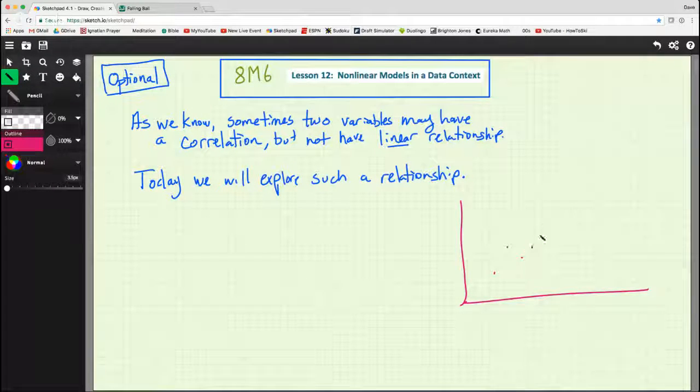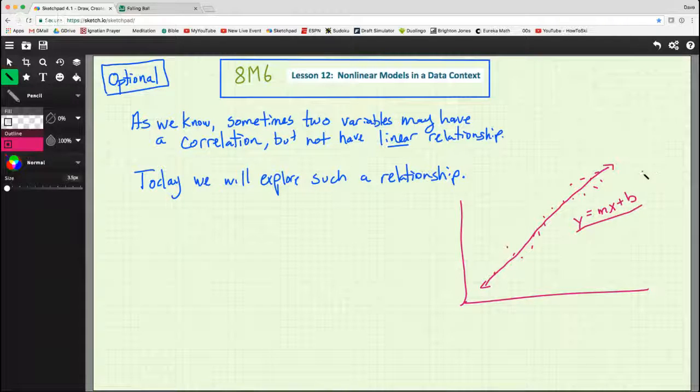So we'll have data that looks something like this, and it can be modeled really neatly with roughly a straight line, and this will have some best fit line that looks like this. It looks like y equals mx plus b, and you can model estimates for the data off of this line.